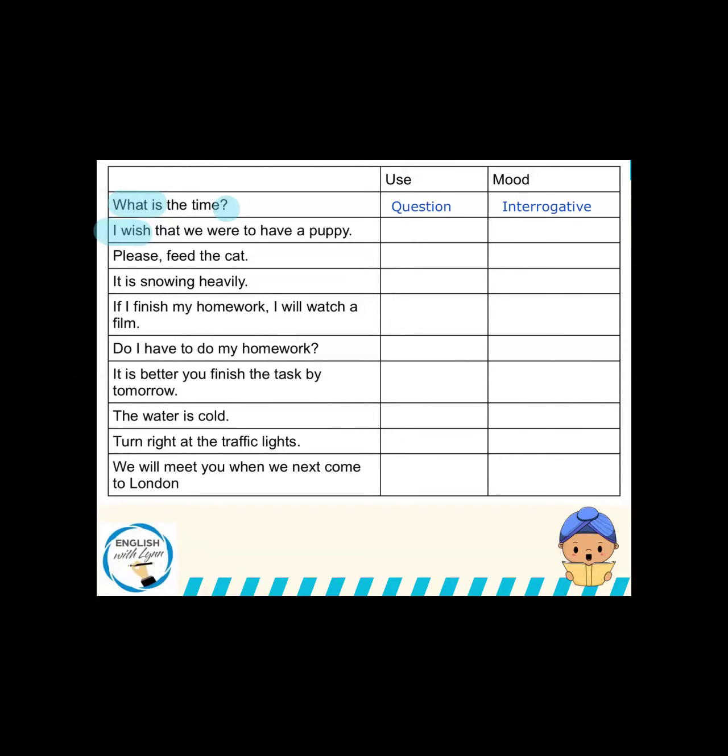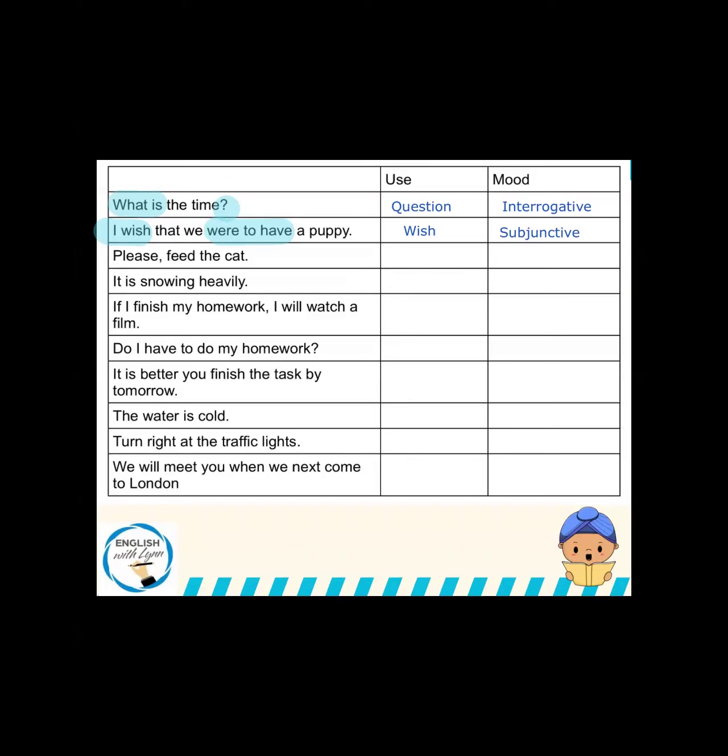But because I've got we were to have, that means that I am using the subjunctive rather than the indicative. So this one, it is indicating a wish, but it is in the subjunctive rather than just making a general statement that I want a puppy.